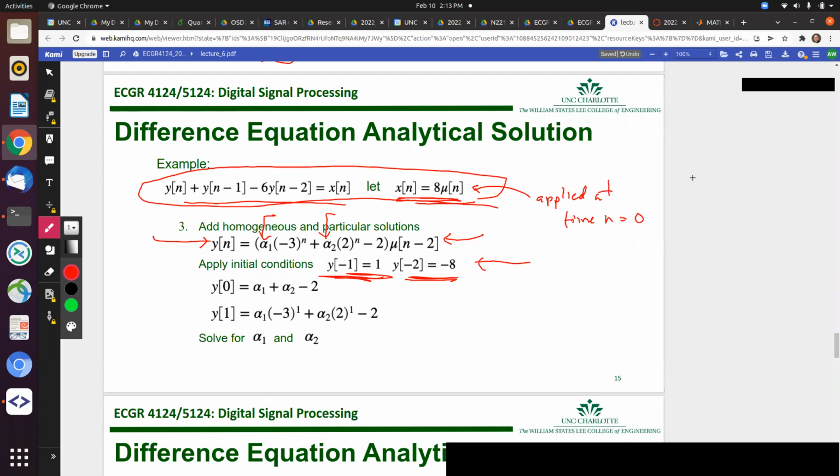Otherwise, you'll be solving for a system as if the forced input is not there. And it won't show up in your equations and you'll get the wrong solution. So say that the input was 8u of n minus 1. You have to consider n equals 1 and n equals 2 instead of 0 and 1. You need to consider the time at which the input is applied, okay? Otherwise, these equations will not reflect the response of the true system. It'll be missing the forced response at some point in time, okay?